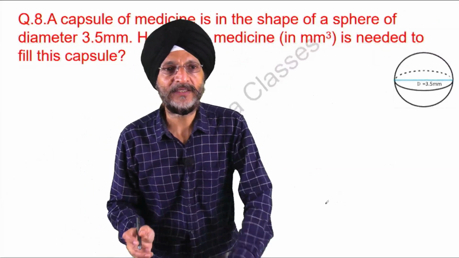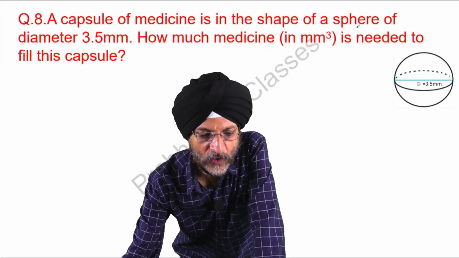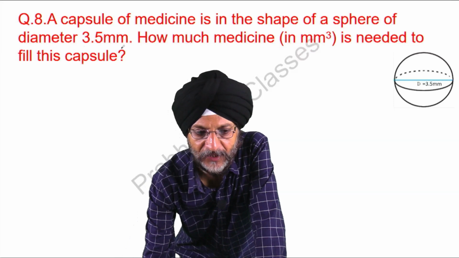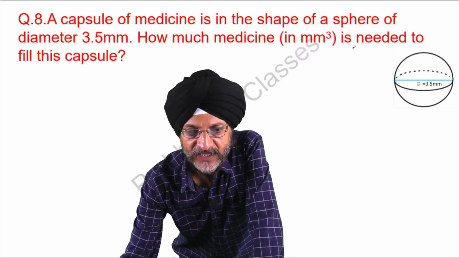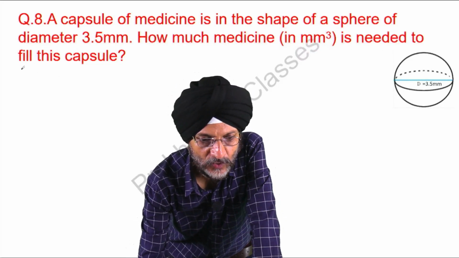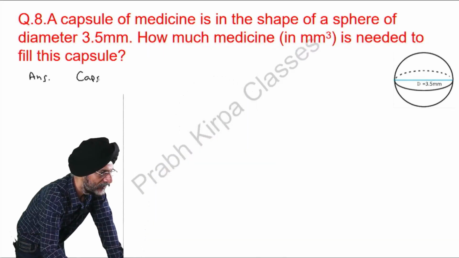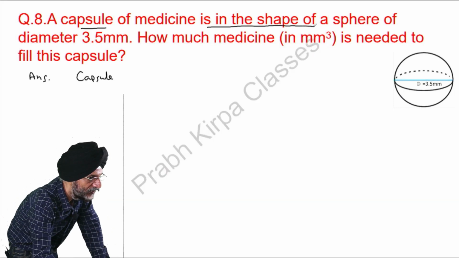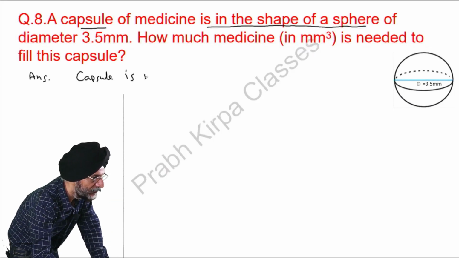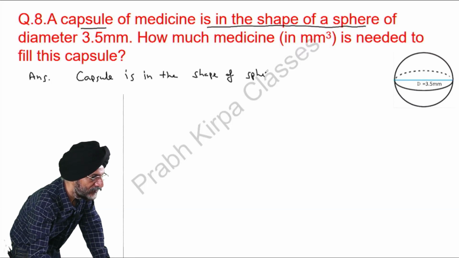Now the question before us is, a capsule of medicine is in the shape of a sphere of diameter 3.5 millimeter. How much medicine in millimeter cube is needed to fill this capsule? So what has been given to us is, this capsule is in the shape of sphere.